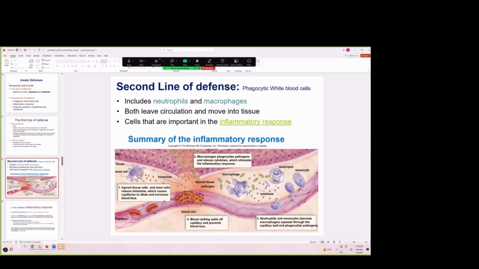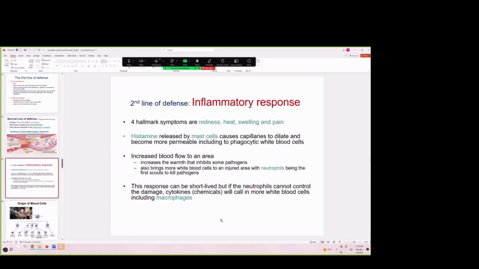Now, what I just described here is found right here. But what happens if you end up really having an infection, where that response did not resolve it?